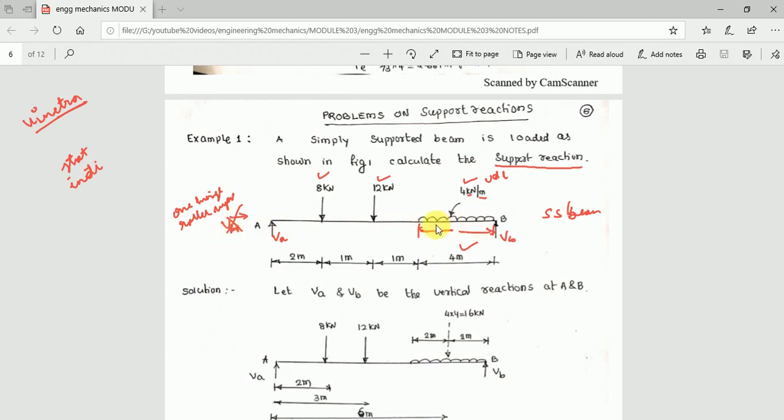Only once a horizontal force is acting on this beam will the horizontal support reaction come into the picture; otherwise it will not. Now the solution: what we have to find is the support reactions, VA and VB. Let VA and VB be the vertical reactions at A and B.